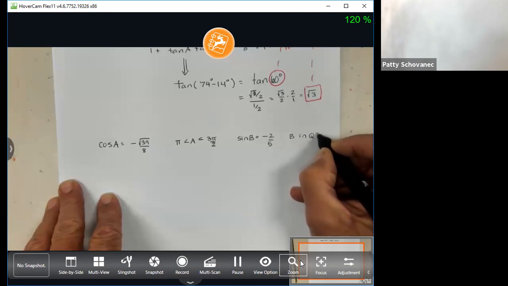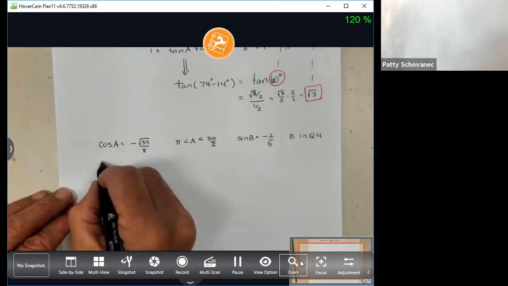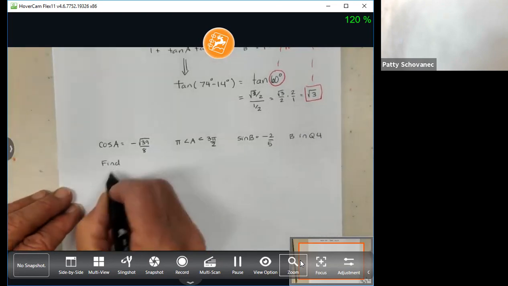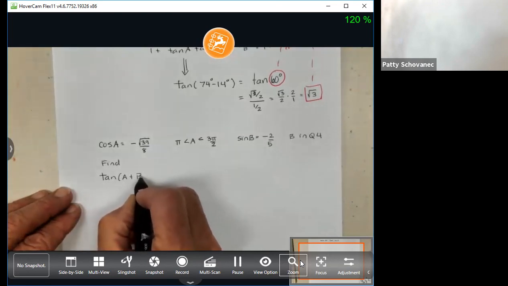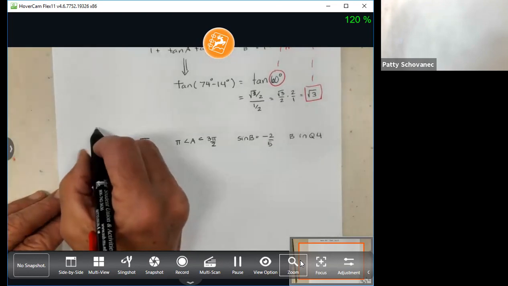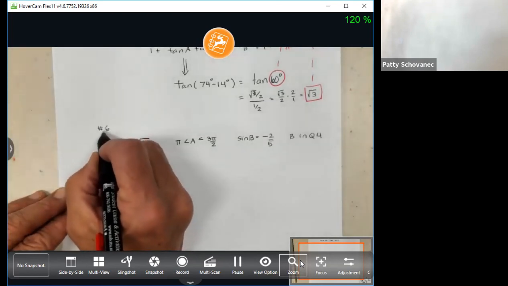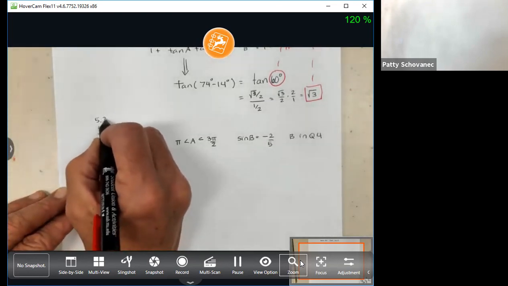Use sum and difference formulas to find the following: tangent of A plus B. And don't use decimals. All righty. What number did you say this one was? Number 6 on 5.3, 5.4.